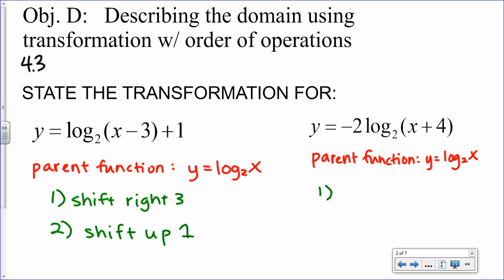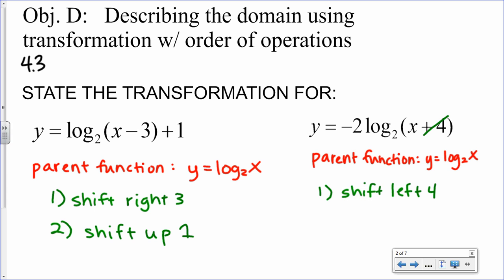Okay, you have to use order of operations, so parentheses first. So you see this +4 on the inside, that means you're going to shift left 4. Okay, so I did that part. I know you see the -2 first, but order of operations, you know parentheses. So you got to do the inside first, and then it's multiplied by that -2.